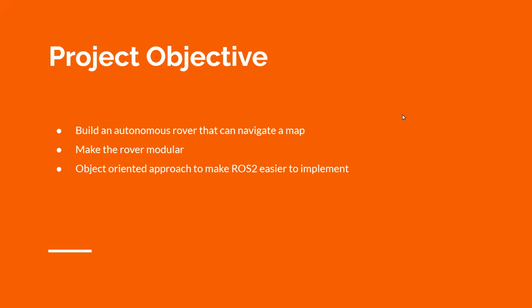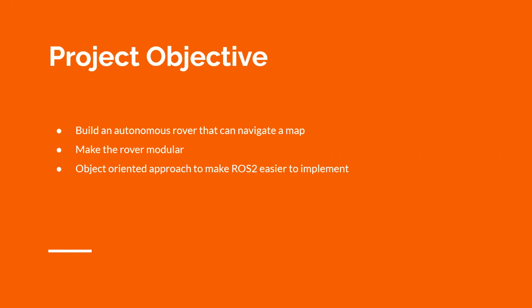So, the project objective was to build an autonomous rover that could navigate itself across a difficult terrain or a path. It should be able to avoid obstacles, and it should be able to generate a map so that it can be used for further analysis.